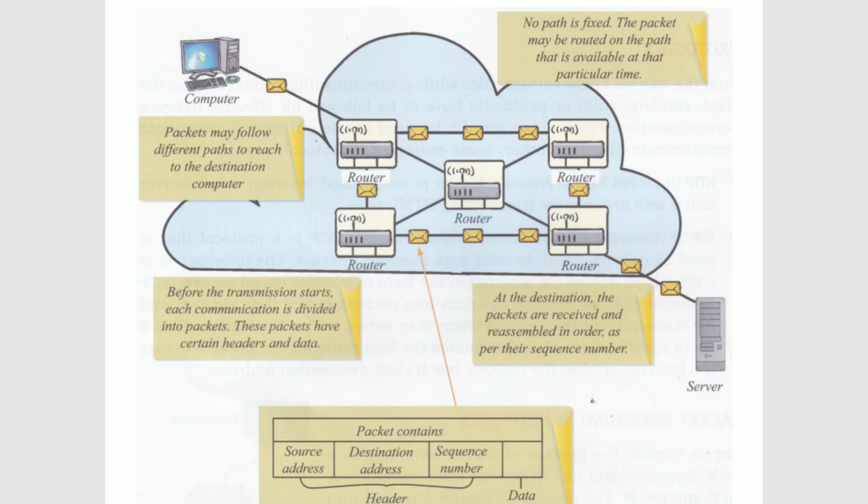Before the transmission starts, each communication is divided into packets, okay? And packets have a certain header and data. There is no fixed path. The path is chosen by the packets, whichever is efficient for them to travel.